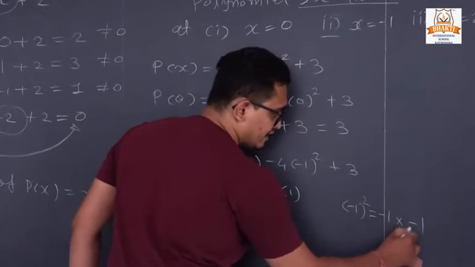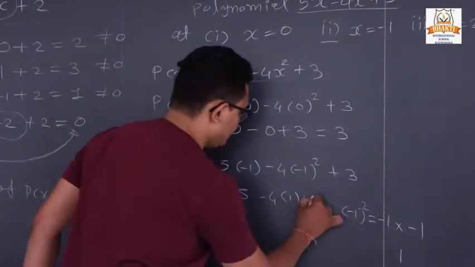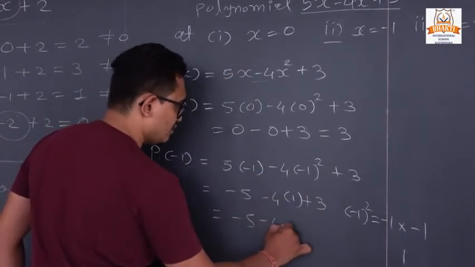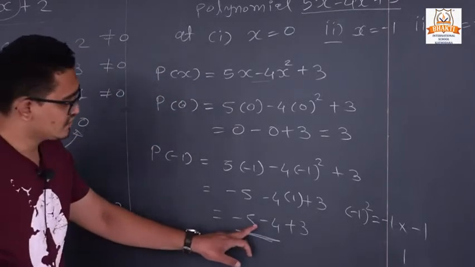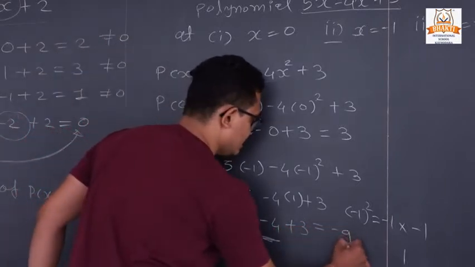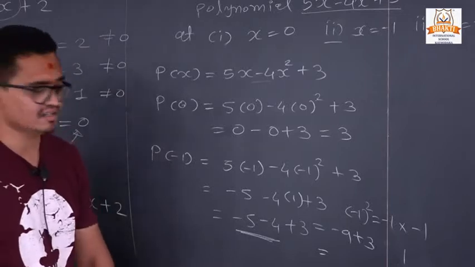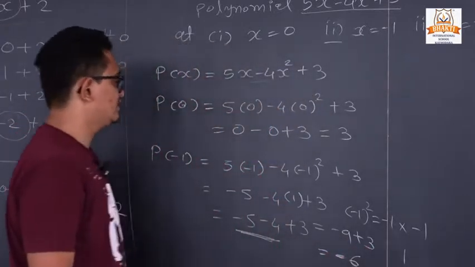So 1 ones are 1, minus minus becomes plus, then plus 3 remains the same. Now minus 4 ones are minus 4, plus 3. So minus 5 minus 4 will be minus 9, then minus 9 plus 3. So 9 minus 3, the answer is minus 6.